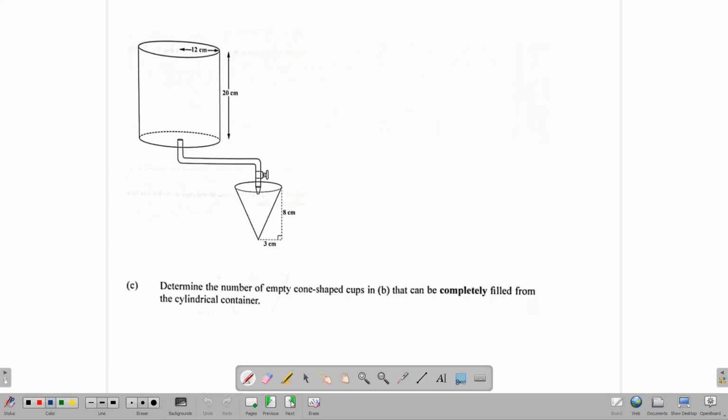Moving on now. Determine the number of empty cone-shaped cups that can be completely filled from the cylindrical container. Let's back up a little bit.